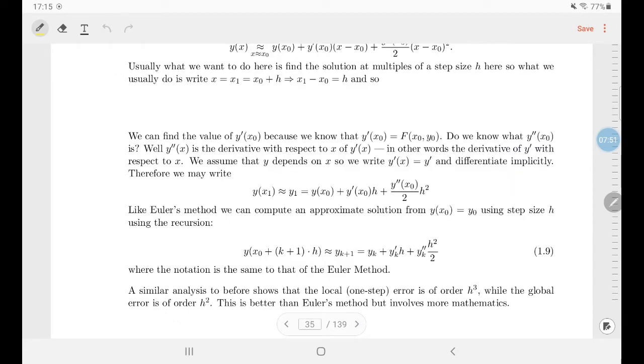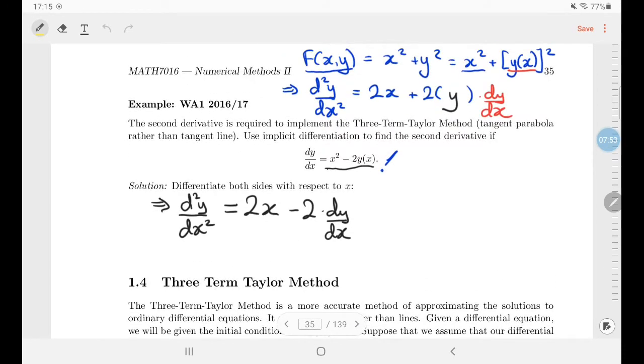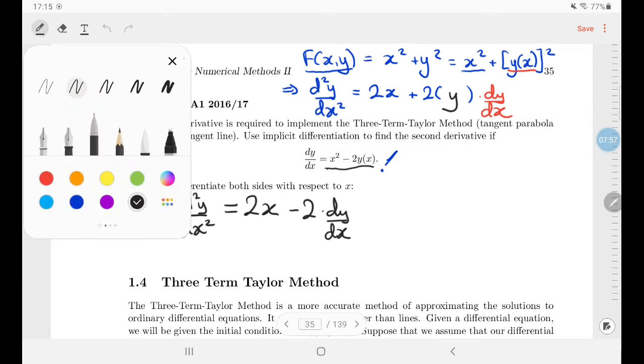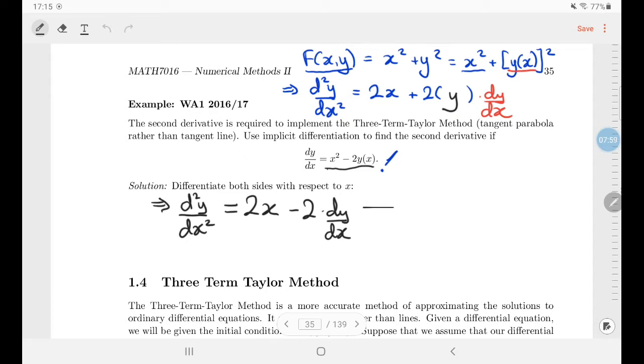That's what I meant. I just realized that I've no kind of scroller. I can be talking and pointing to something, and it's no good. So apologies about that. So this is equal to 2x minus twice, and what's dy dx?